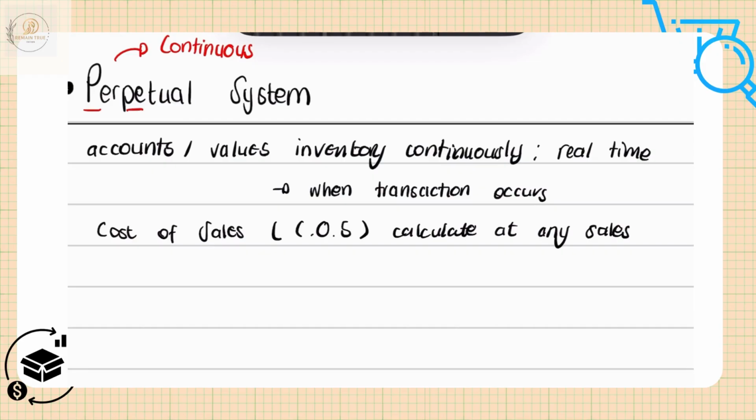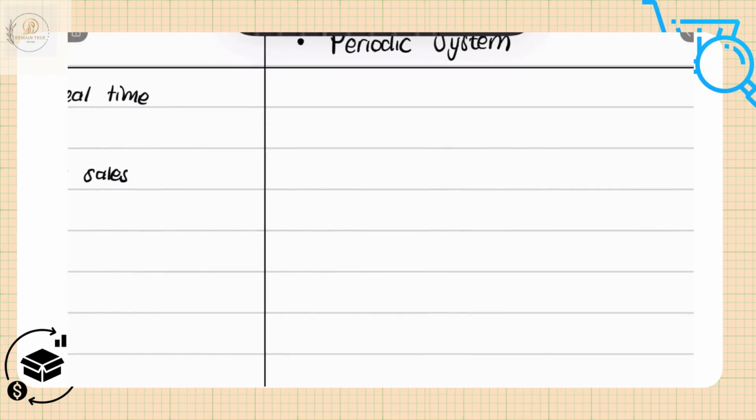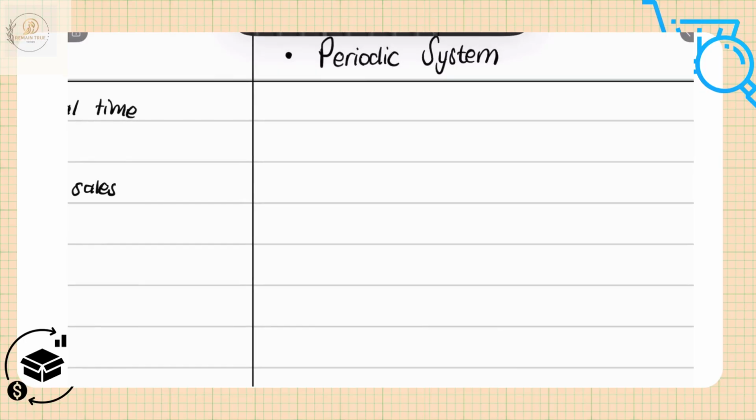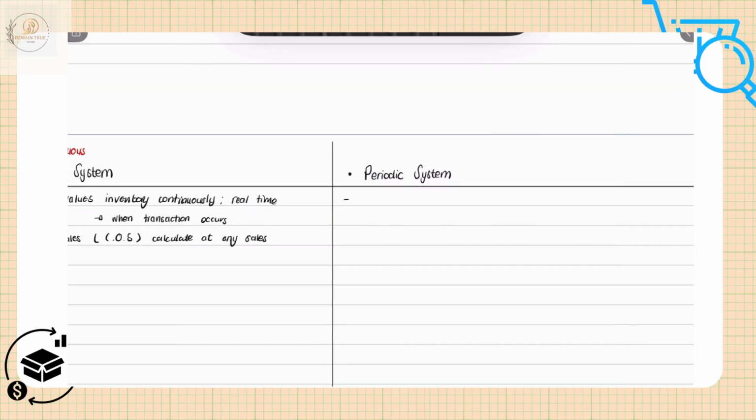Let's just compare this to periodic. We're saying perpetual is continuously valued versus periodic. A periodic thing happens at a period, so at a point in time.